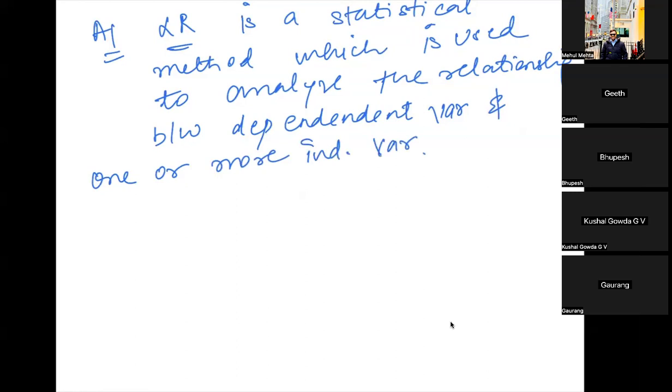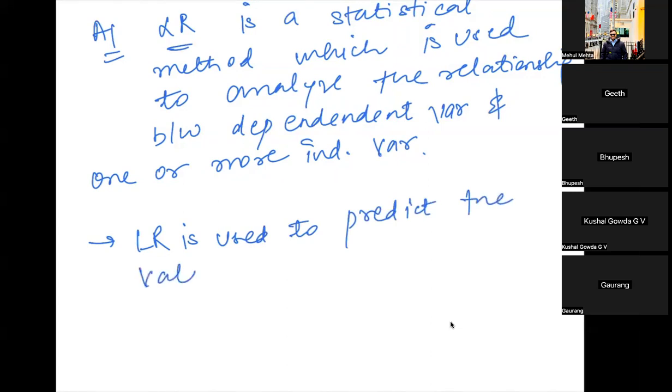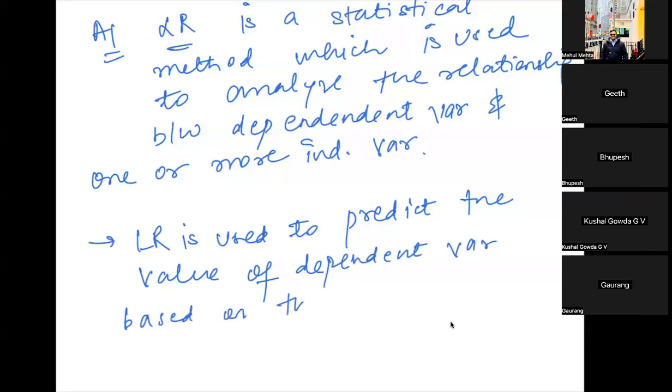In other words, we can say that linear regression is used to predict the value of the dependent variable based on the values of the independent variables.